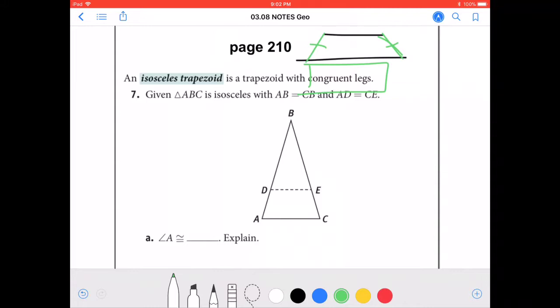So when we start looking at this, they use an isosceles triangle ABC. This triangle right here is triangle ABC, and we're saying that's isosceles since AB is equal to CB. So we're going to use this isosceles triangle and then find an isosceles trapezoid inside of it.